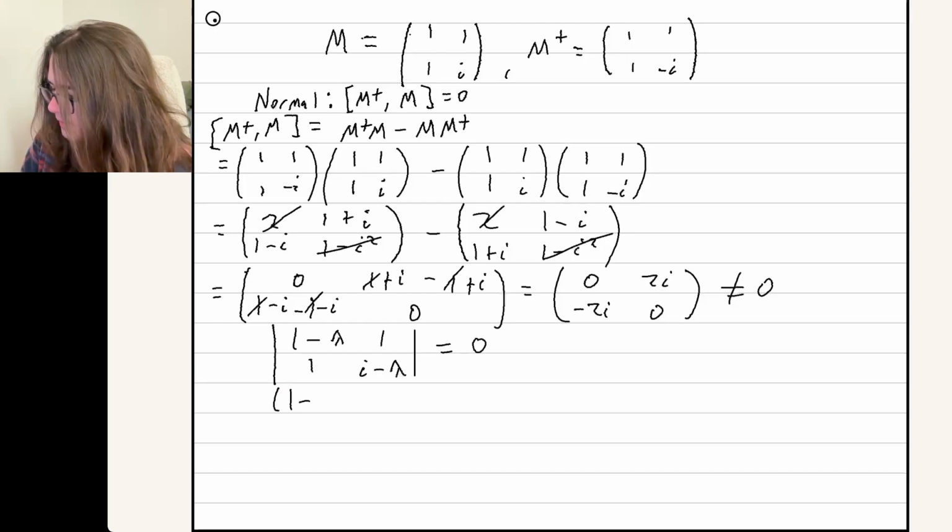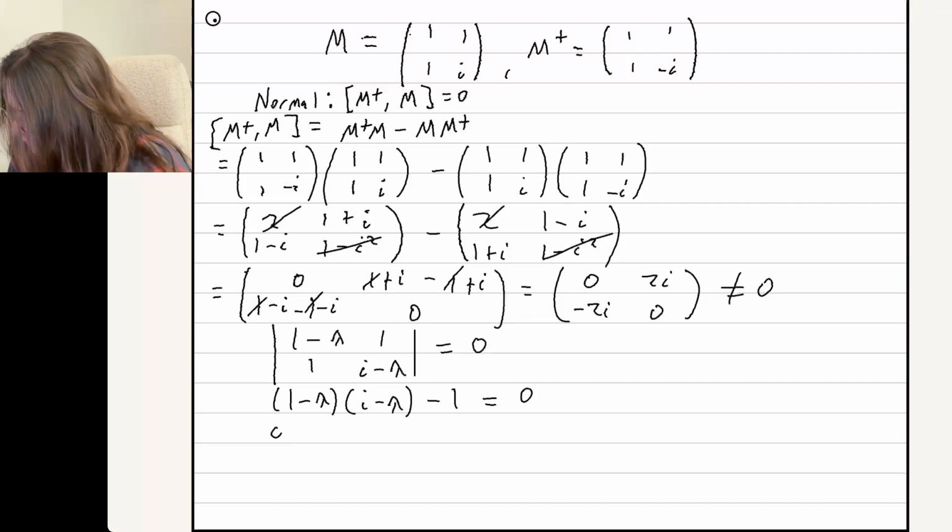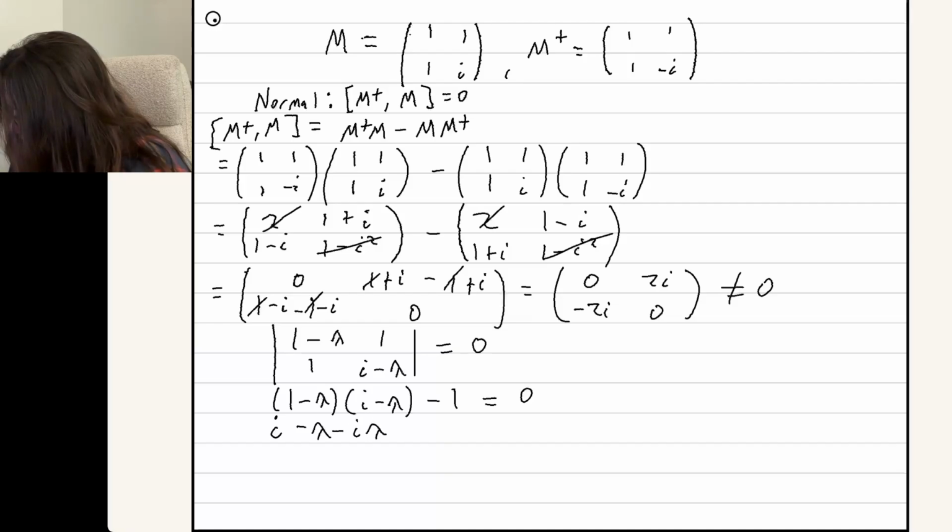So we got 1 minus lambda times I minus lambda minus 1 equals 0. So we have, just expanding the two multiplied terms, I minus lambda minus I lambda plus lambda squared minus 1.